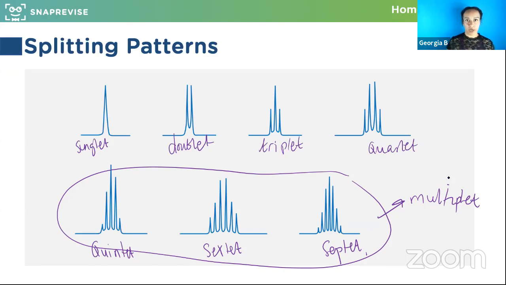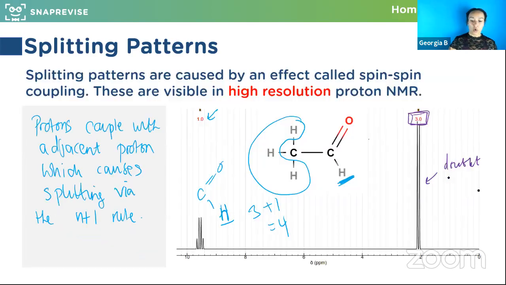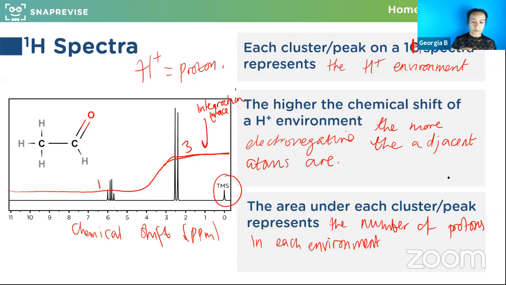What about the intensity ratio? So that's called the integration ratio, not the intensity ratio. All that does is tell you the relative numbers of protons in that environment. It's not the height of the peaks that tells you how many protons are in an environment, it's the area underneath.